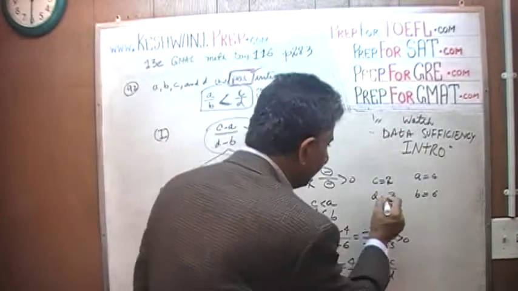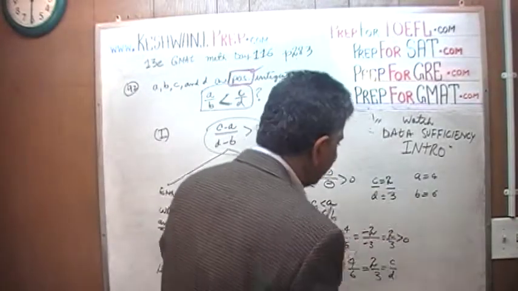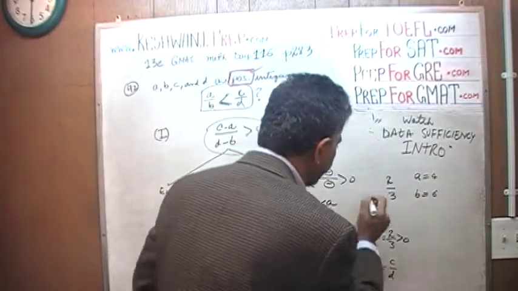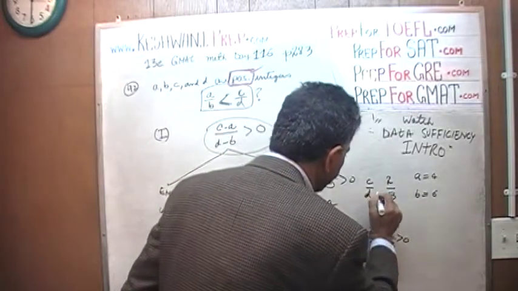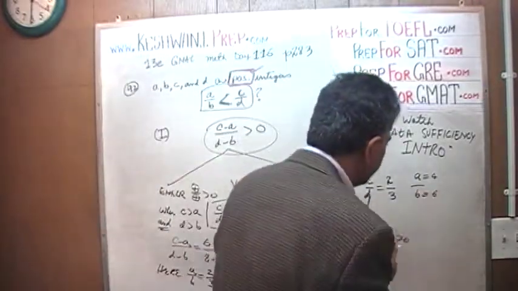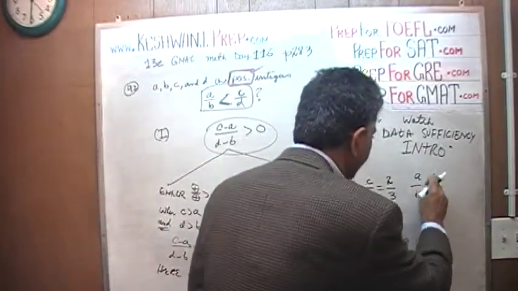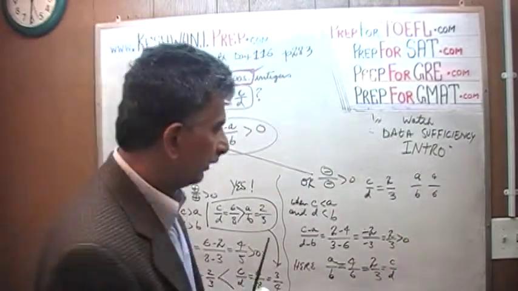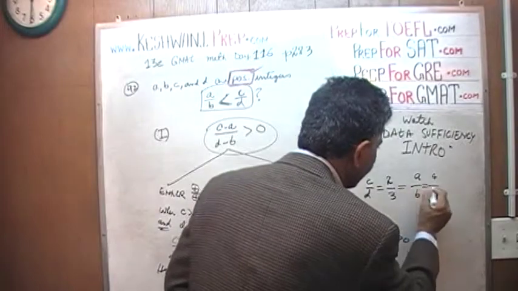So in this case, c over d equals 2/3. And similarly, a over b equals 4/6. Well, 4/6 is 2/3. So here they are all equal.